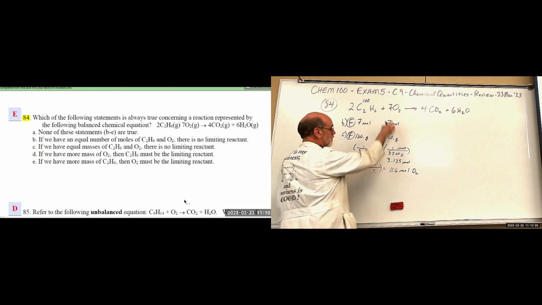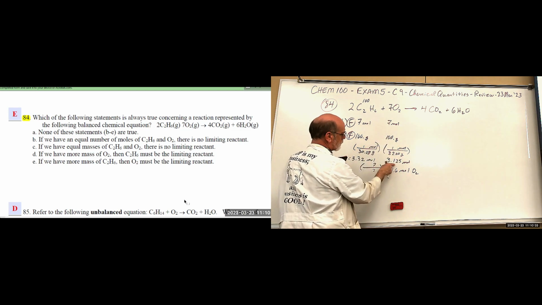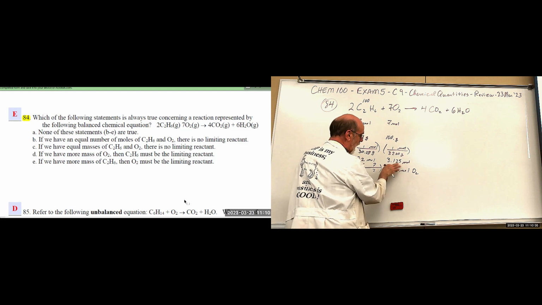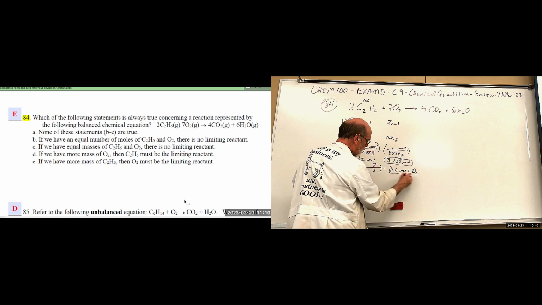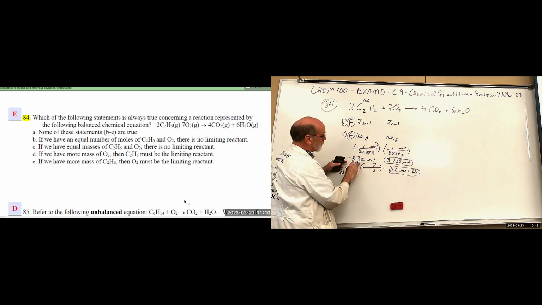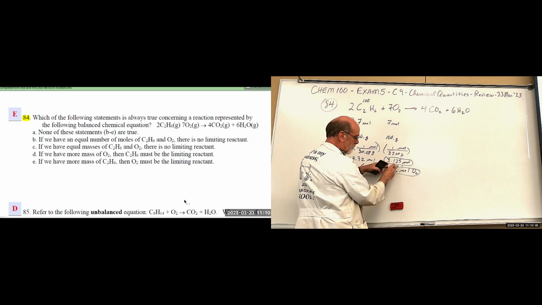So oxygen is going to be limiting, yes, you only have 3.125 moles of oxygen. We compare this one with that one for this many moles of C2H6. So oxygen is going to run out first.